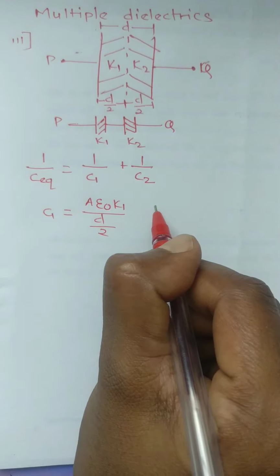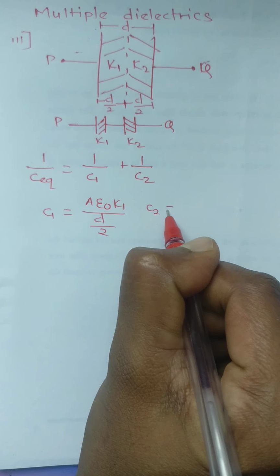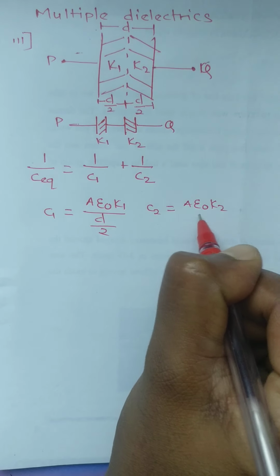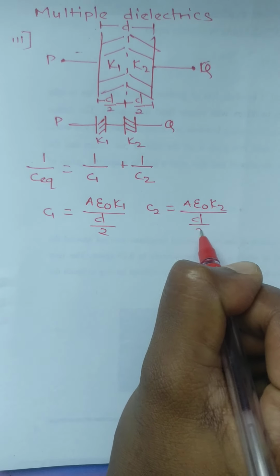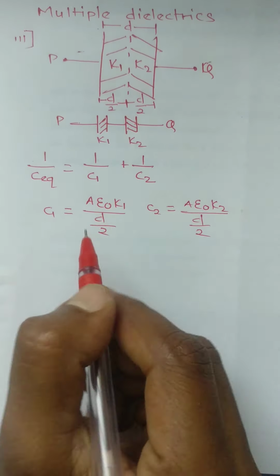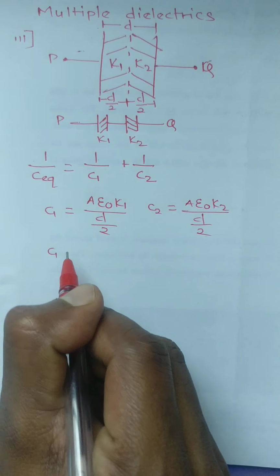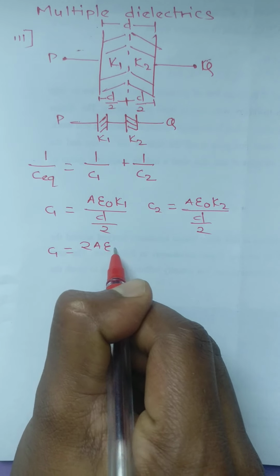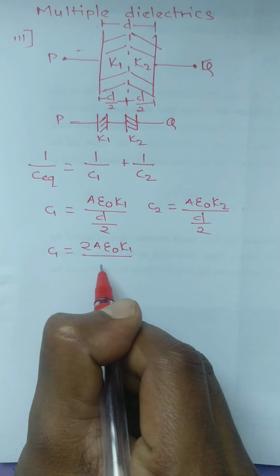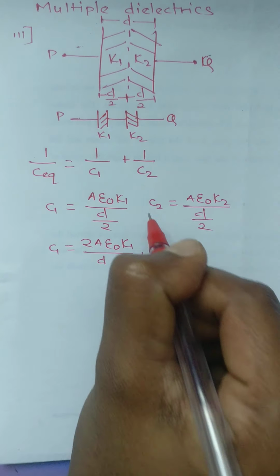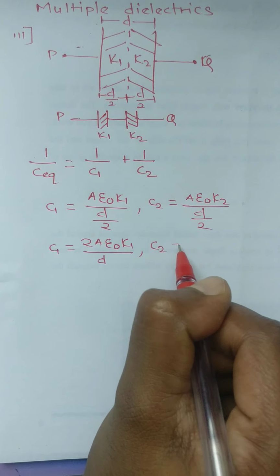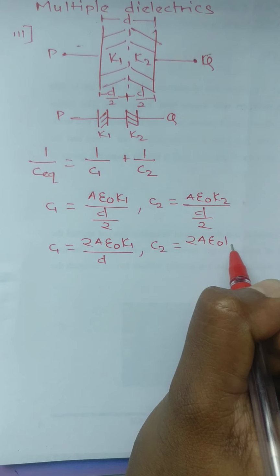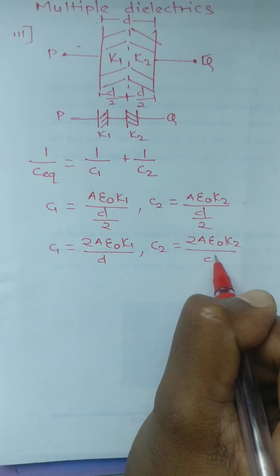Similarly, C2 is A epsilon naught K2 by D by 2. Simplifying, C1 becomes twice A epsilon naught K1 by D, and C2 becomes twice A epsilon naught K2 by D.